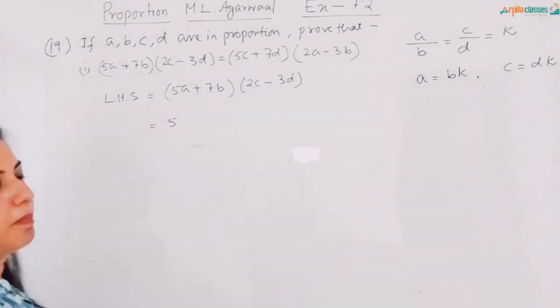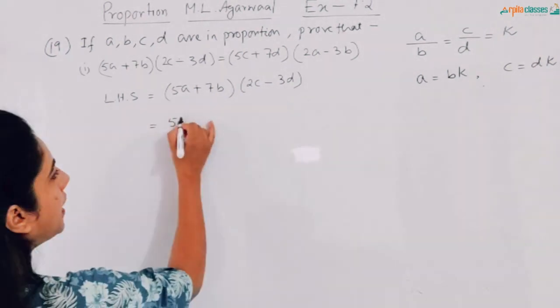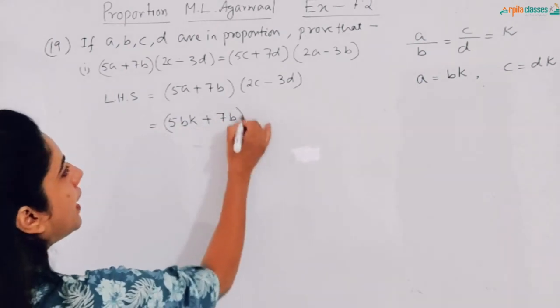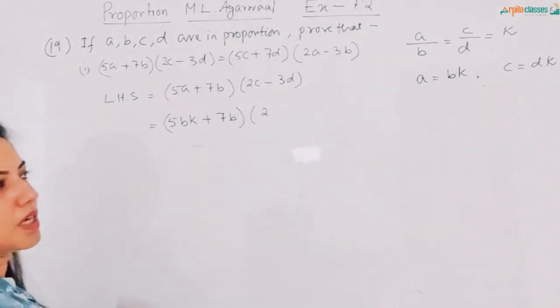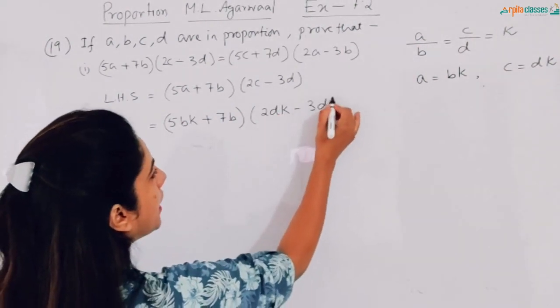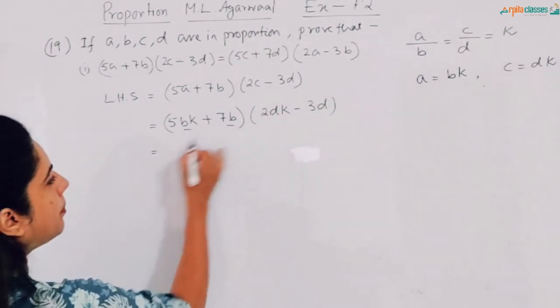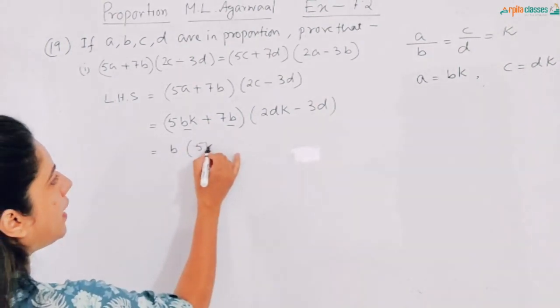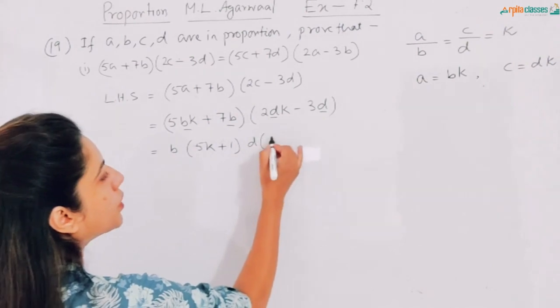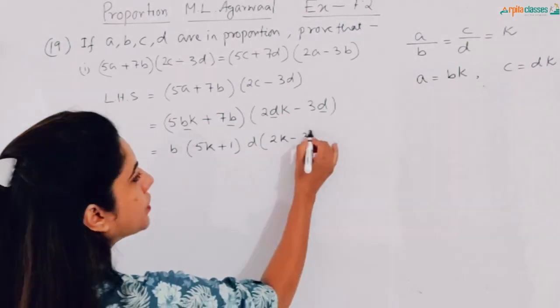So in place of a we are going to put bk, 5bk plus 7b into, in place of c we are going to put dk, 2dk minus 3d. From here I can take b common, so it is 5k plus 7. From here d common, so it is 2k minus 3.